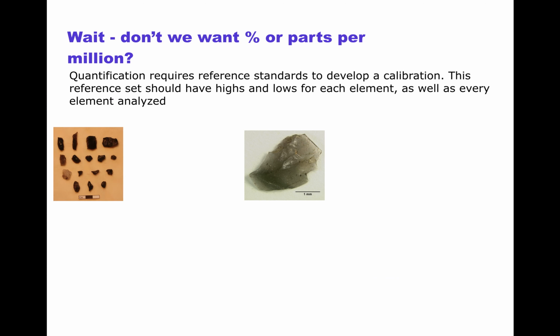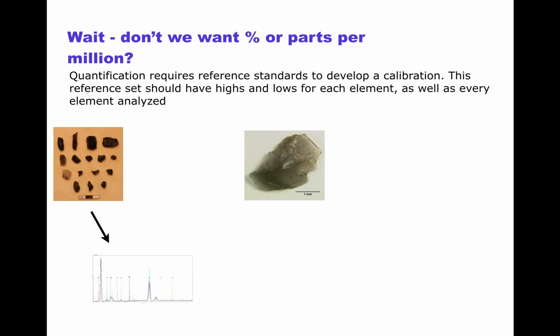So to move from abundance of atoms as reflected in the spectrum to weight percent or parts per million, we need a couple things. First, we need a standard with a given matrix. Second, we need mathematical models that translate those standards into something that we can analyze our sample with. So in this case, to the left, you see a set of reference standards.